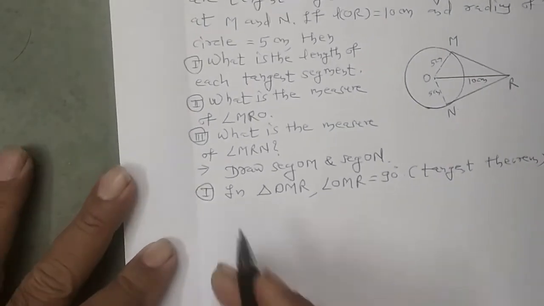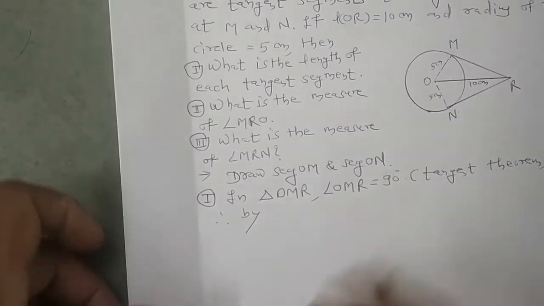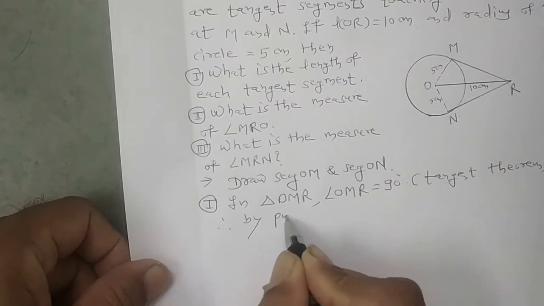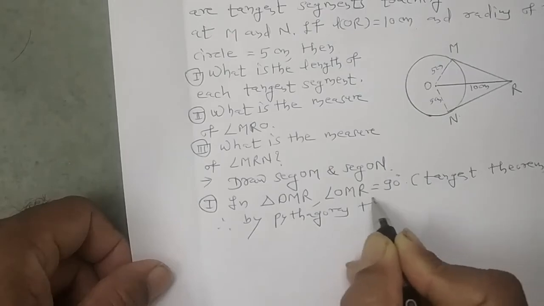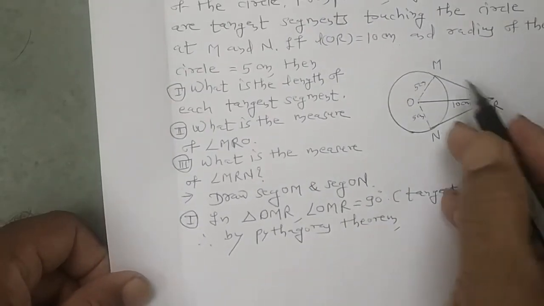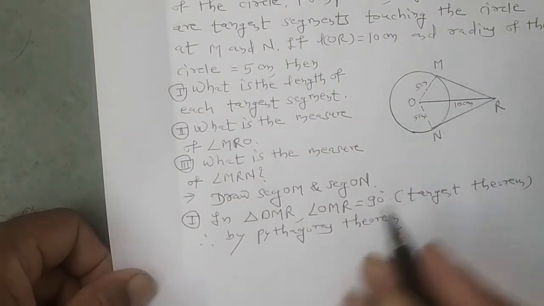Therefore, by Pythagoras theorem, we can find value of RM. By Pythagoras theorem, RM square is equal to OM square plus OR square.